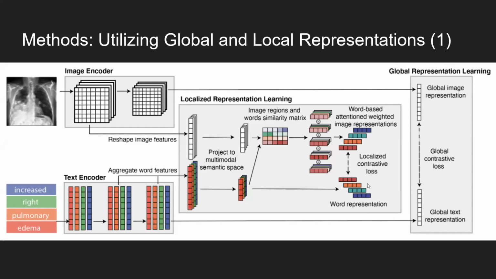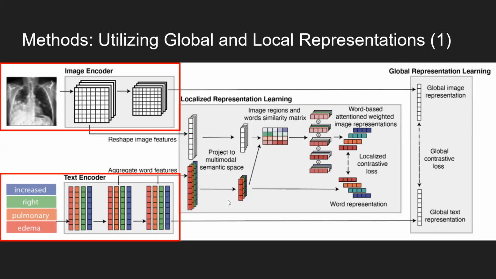We can look at this slide as kind of a general overview for their methods. So we have the image and text encoder, which are done in unison. The global representation learning gets the global image representation and the global text representation and learns them through a global contrastive loss.